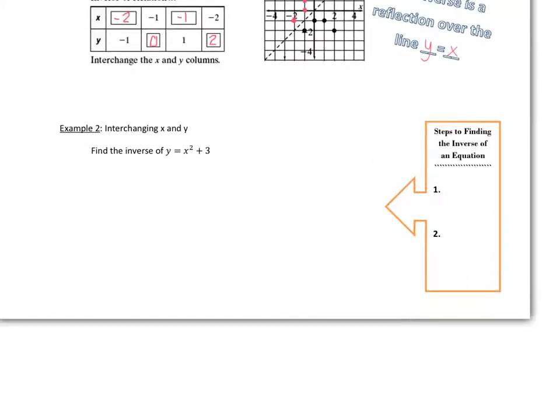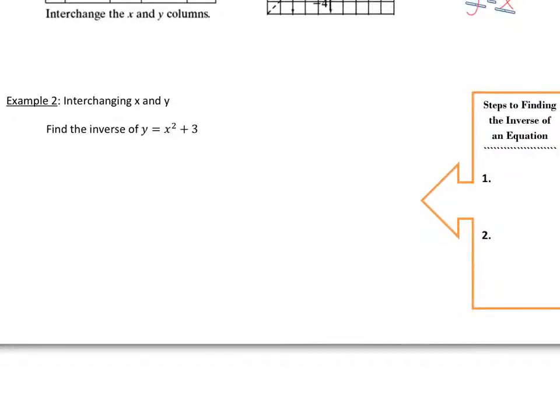All right, we're going to go a little more complicated in that we're not dealing with coordinates. We're going to deal with an equation. Okay, so we have an original equation, y equals x squared plus 3, and we're supposed to find its inverse. There are two steps. The first one is to switch x and y.